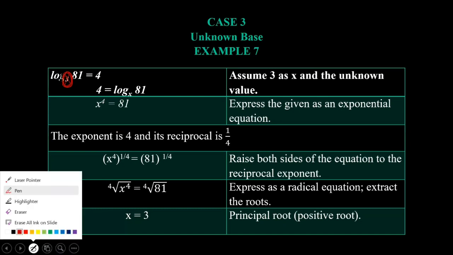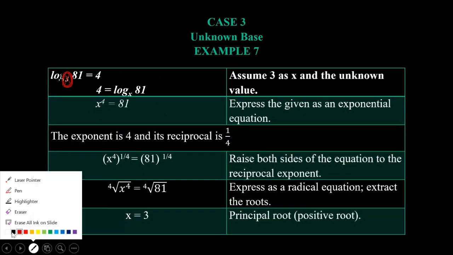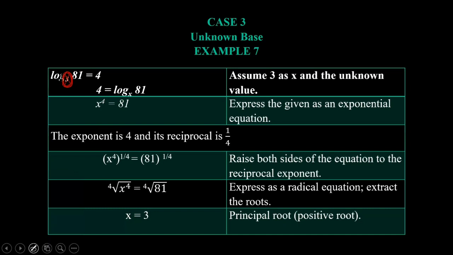Let's say that is x. So how are we going to solve the value of x? We transform the logarithm of 81 base x is equal to 4 into exponential form. So therefore, we have x raised to 4 is equal to 81. Since our exponent is 4, we get the reciprocal.